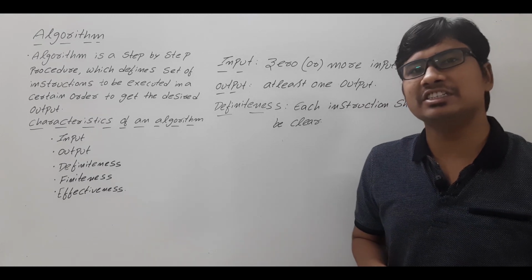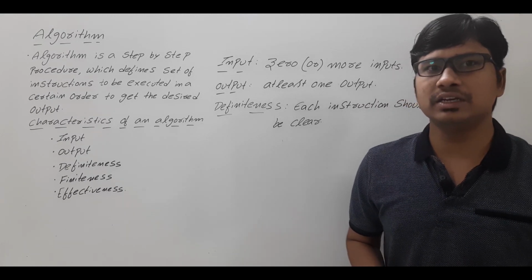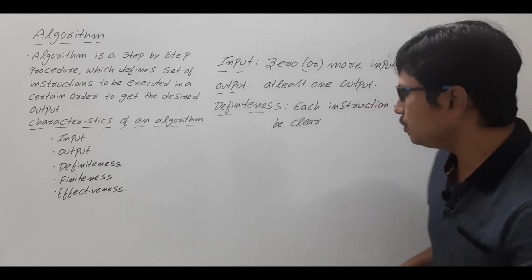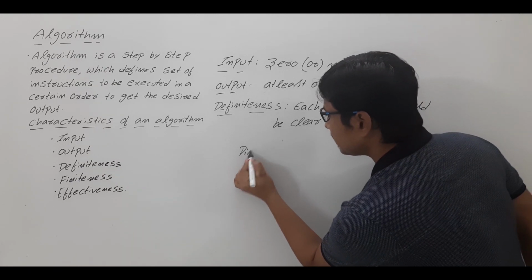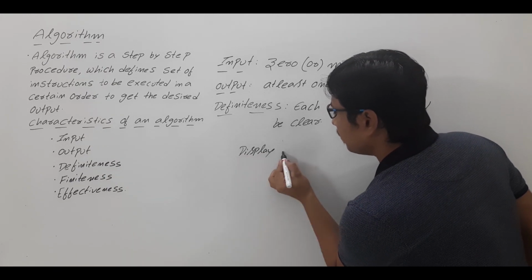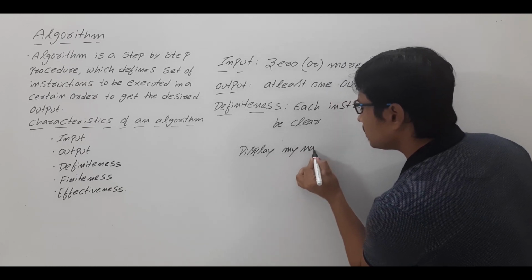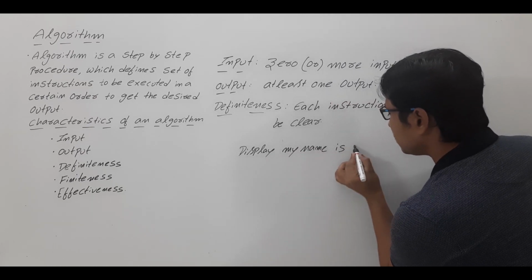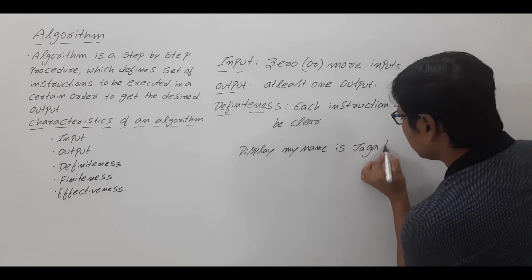What is meant by each instruction should be clear? Let's take that you are displaying your name. You need to write display, my name is Jagadish or something. Am I right or wrong?